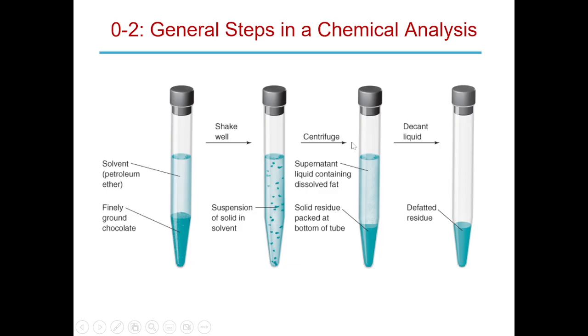We can speed that up with a centrifuge, right? So then we have a packed solid residue that we can get the liquid away from. And so we get rid of the supernatant liquid. This was petroleum ether, so that is nonpolar, and that means this stuff is mostly fats, right? It won't be an acid, will it?